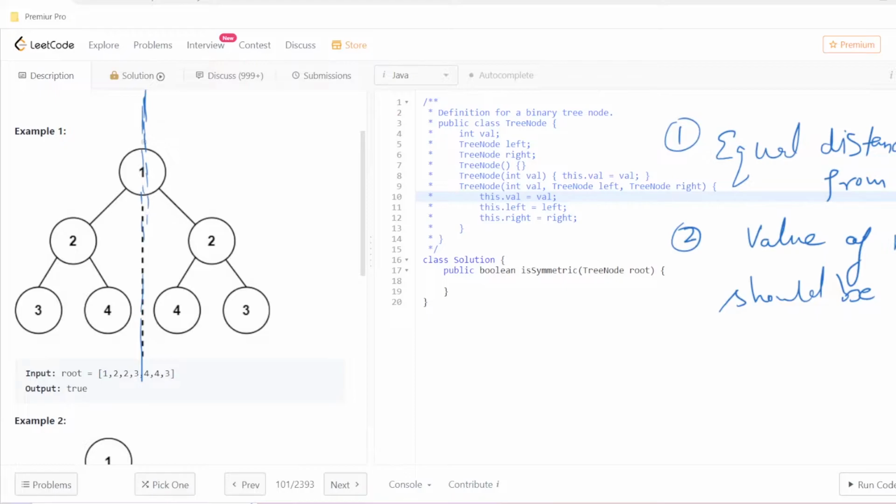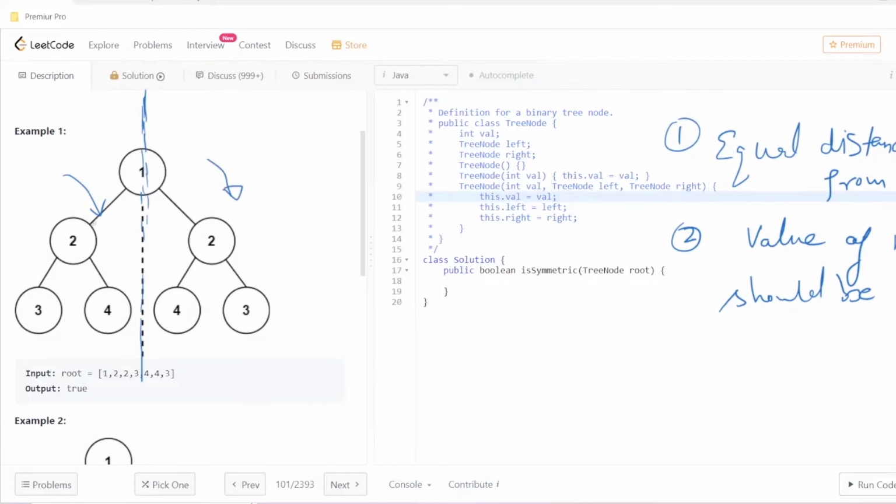To identify whether this tree is symmetric or not, you have to make sure that each of the subtrees are symmetric. If this symmetric condition breaks at any point within the subtree, then all the above tree will not be symmetric. Suppose you do iteration at the left side of the mirror, and you do the iteration at the right side of the mirror.